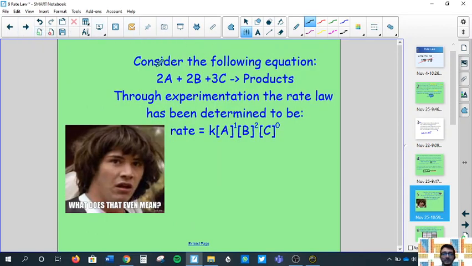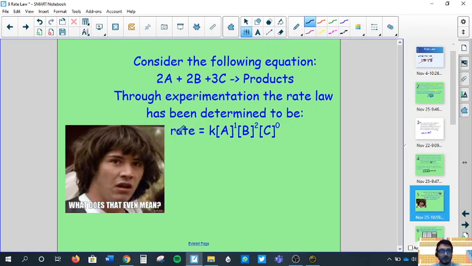So let's look at this balanced hypothetical reaction. Notice I've just written products for the products because we know that for now they don't really matter. If our reactants affect the rate of the overall reaction, in this case reactants A, B, and C, look at how they're balanced: 2 to 2 to 3. And it turns out through experimentation that the rate law happens to be this. So this is the rate law.